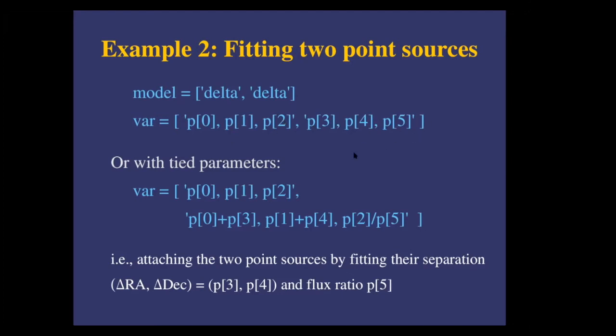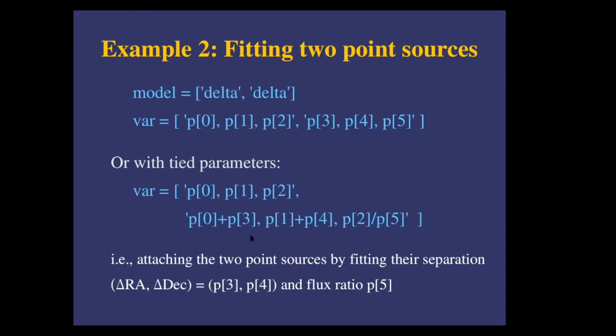What you can do, as I said, you can tie parameters, and one way to do it, for example, here is to set the first point source, which is at P0, P1 position and P2 flux. But you can tie the second one to be at the same position as the first one, but with an offset compared to the first position.